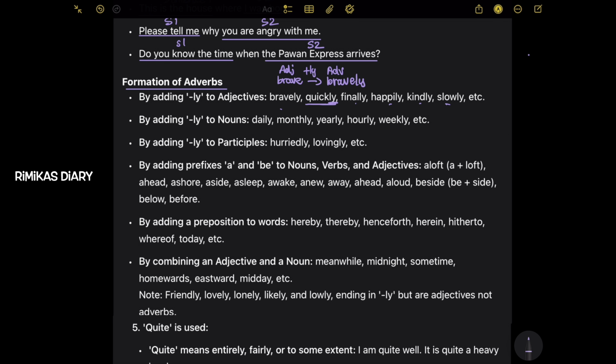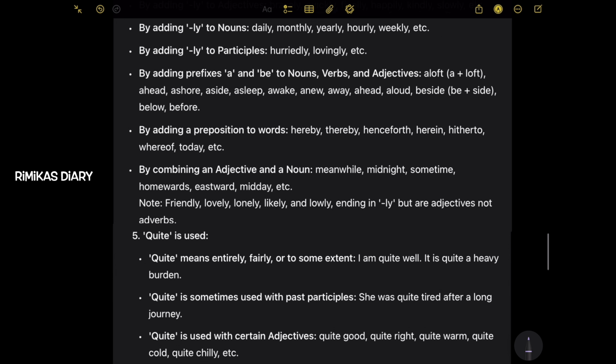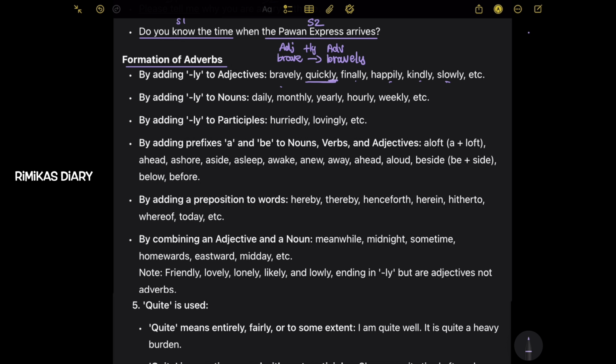By adding ly to nouns, like daily, monthly, yearly, hourly, weekly, etc. So the noun is month, and you change it to an adverb by adding ly, so it will be monthly.